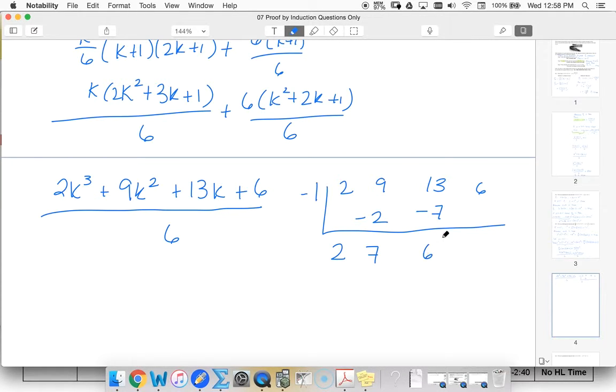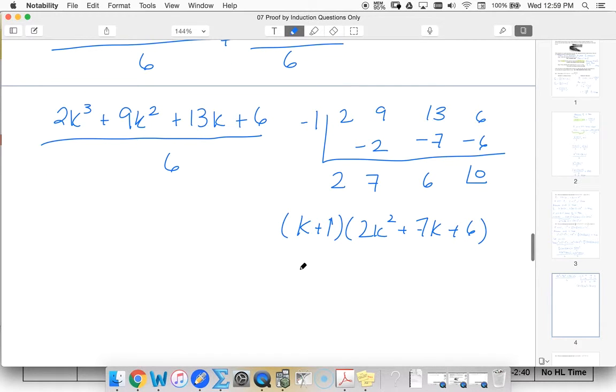Negative 7 is 6, negative 6 is 0. So I know k plus 1 times 2k squared plus 7k plus 6. That, of course, is going to give me what I want, k plus 1 times k plus 2 times 2k plus 3. So 4k plus 3k gives me my 7k.